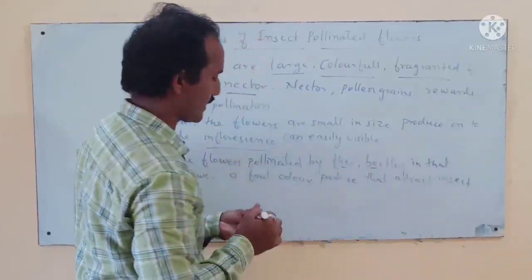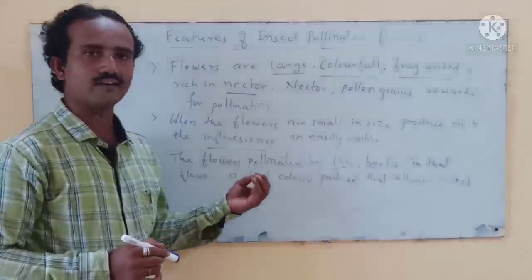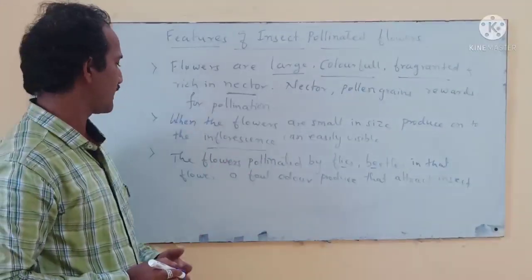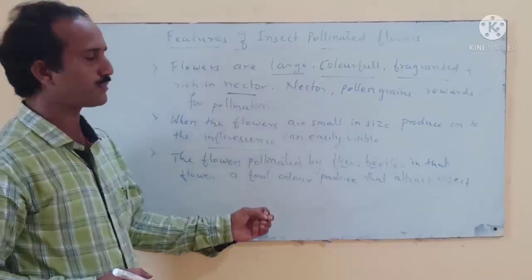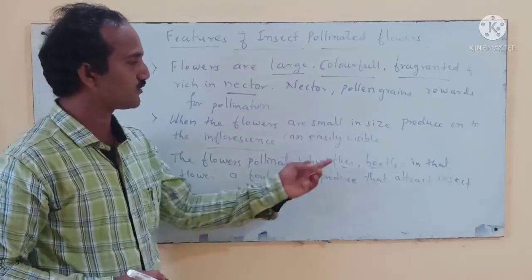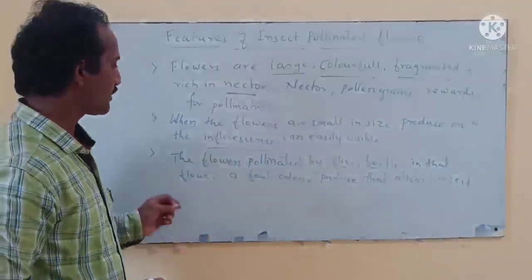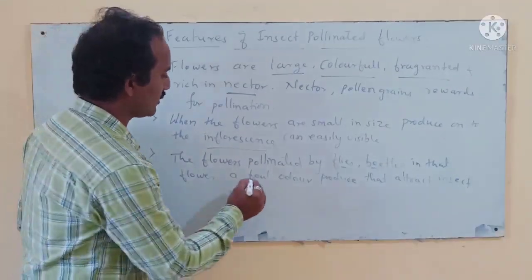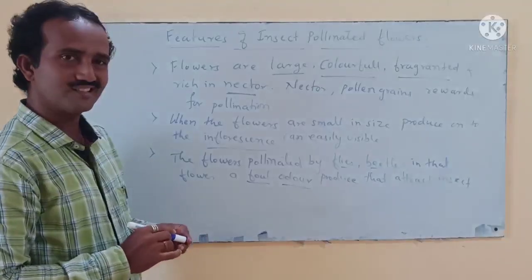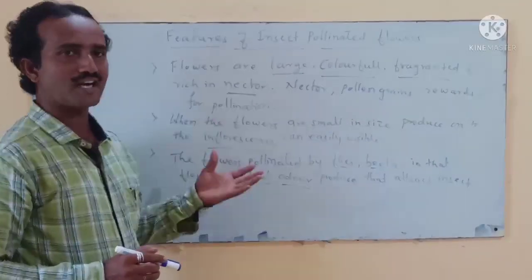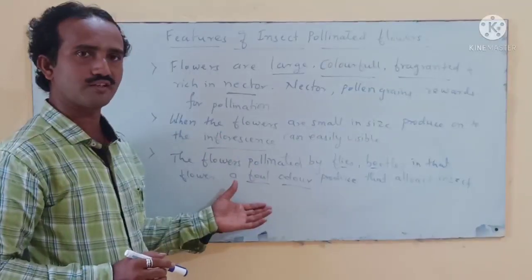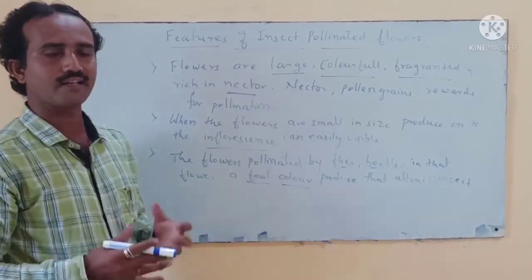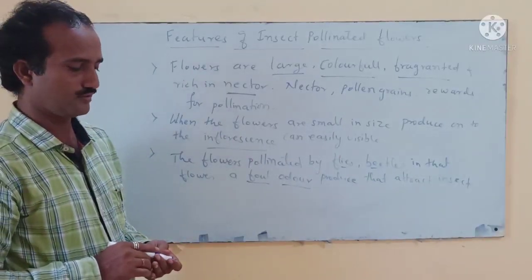You know that the beetles and flies grow on cow dung where the foul smell is there. So the flowers which are pollinated by these flies and beetles produce such a type of odor. This foul odor means the bad smell, and that bad smell will attract this type of insects and they carry out the pollination.